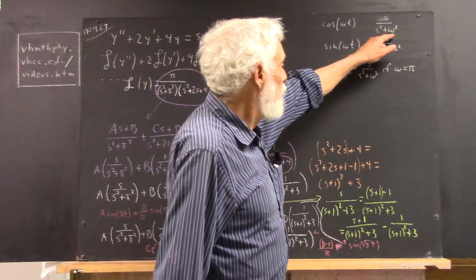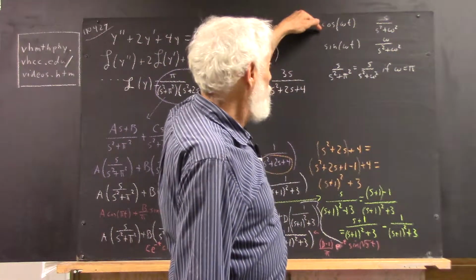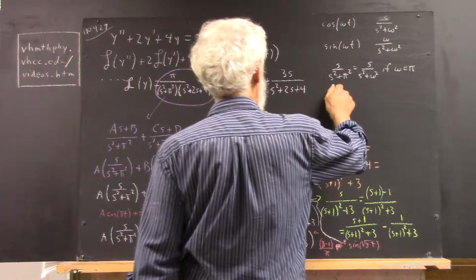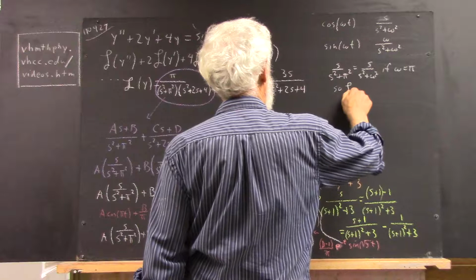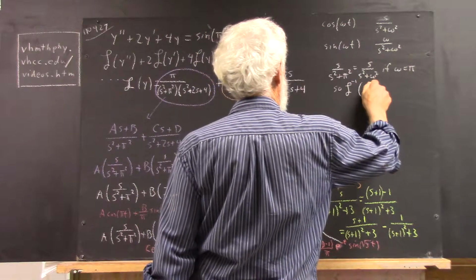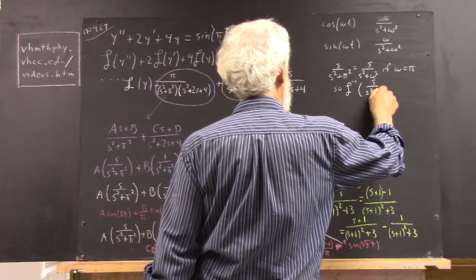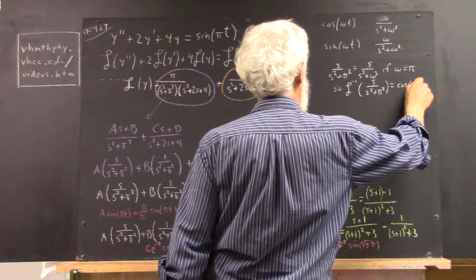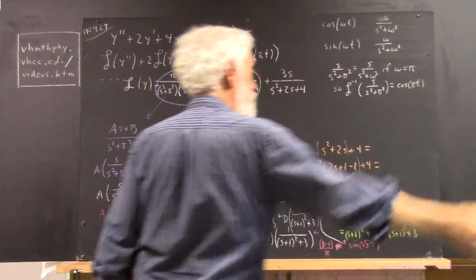So if we let omega equal pi, which it does, then this matches what? Cosine of pi t. So the inverse transform of S over S squared plus pi squared is the cosine of pi t.